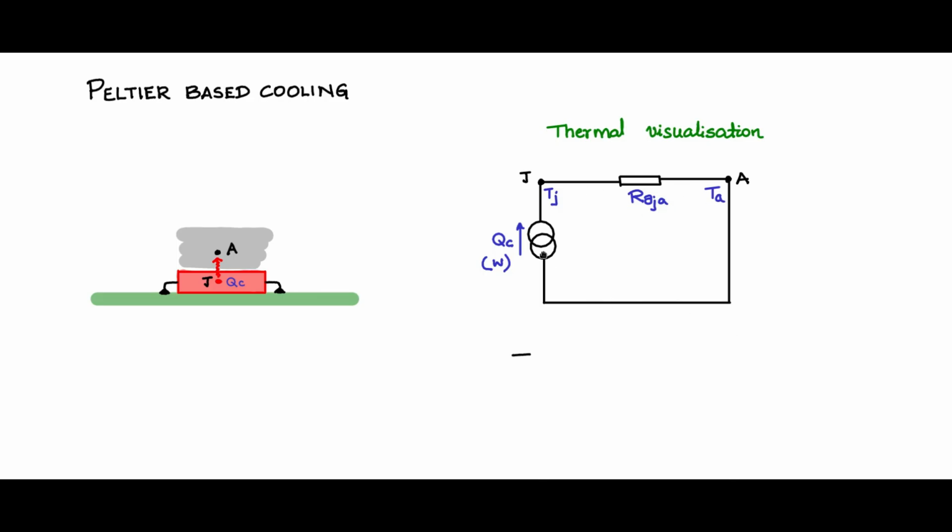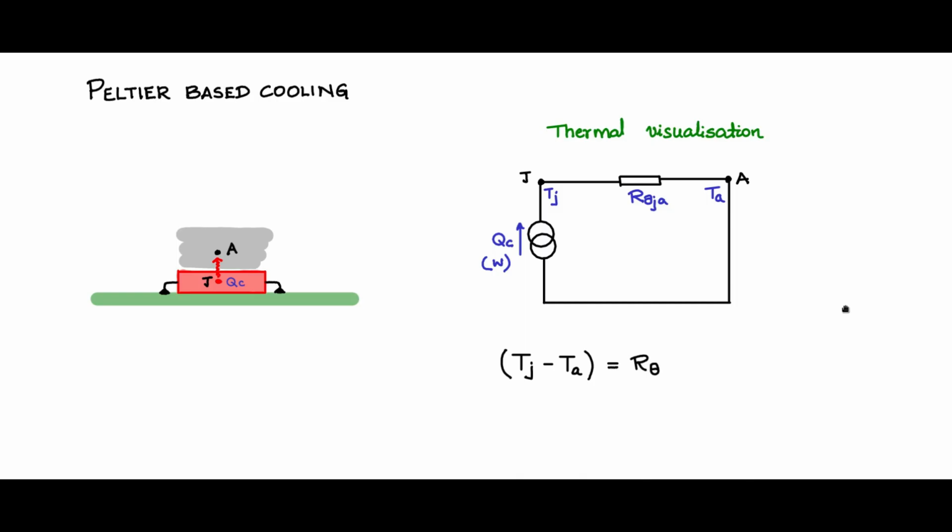So now let us try to see what is the relationship between all these parameters. So Tj minus Ta, I am interested in that. What is the delta T? Tj to Ta, what is the delta T? That is what is the potential to cause the heat to flow, and that is equal to this QC and thermal resistance.